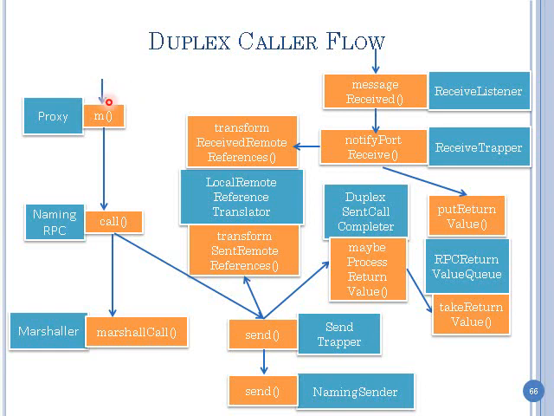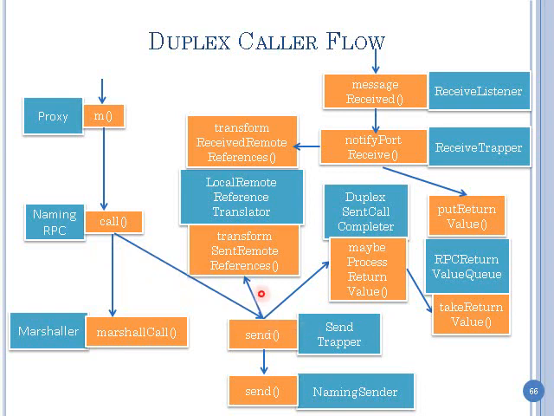So you make a call on a proxy method. That makes a call on the port. The port implements many interfaces, one of which is naming RPC, which is where you have these await calls. That is going to marshal the call, get back an object, and send that to the send trapper.